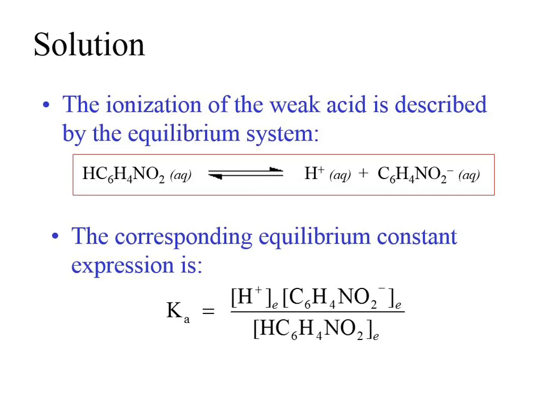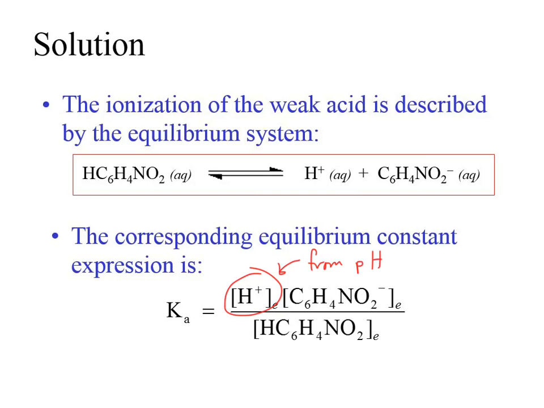I'll kind of give you a hint. Well, no, I'm not going to give you that hint. I guess I can. You see this H plus? We know the H plus at equilibrium from the pH.